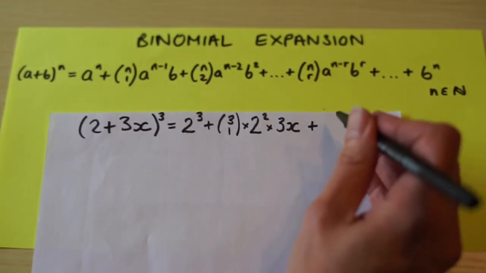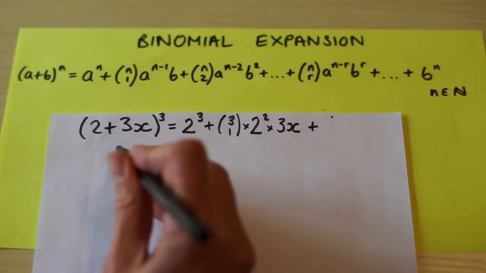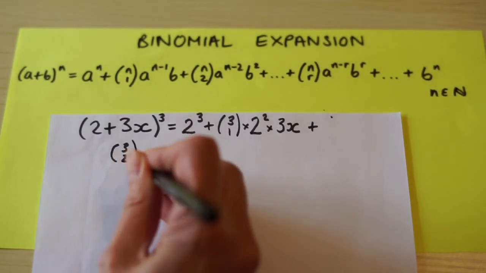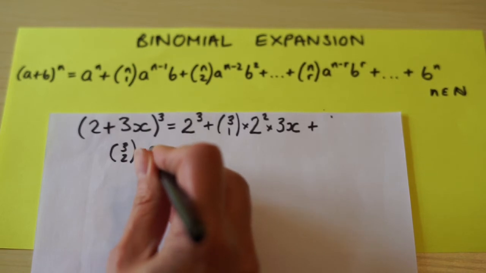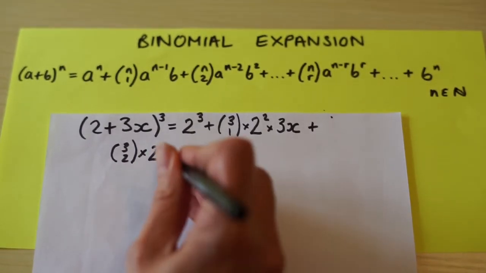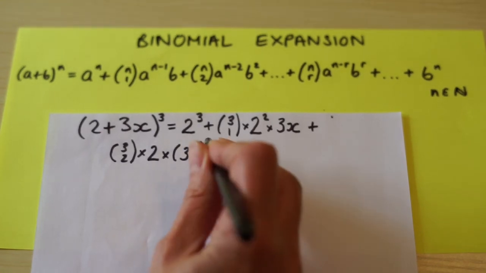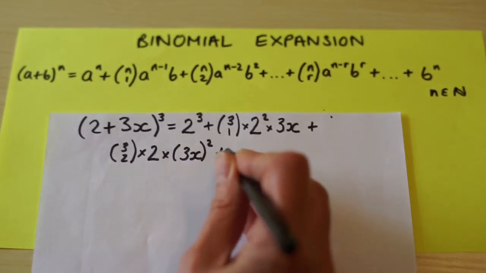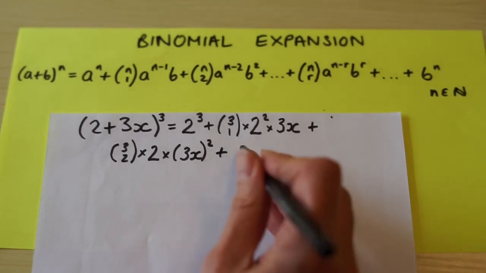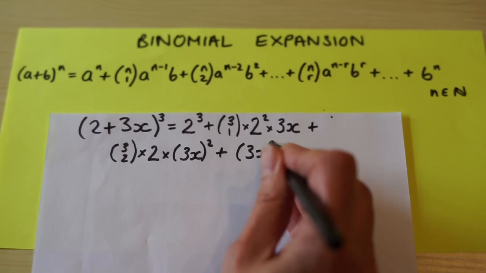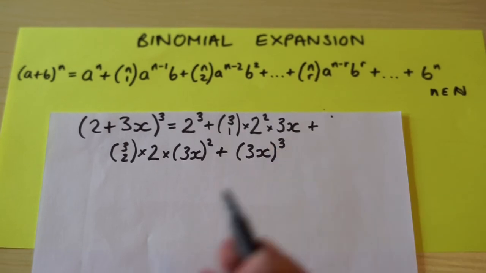And the next one, so I'll start on the next line, is 3 choose 2 multiplied by the A term, reduce the power, and the B term, increase the power. Next, you've got the B term to the power of the bracket.